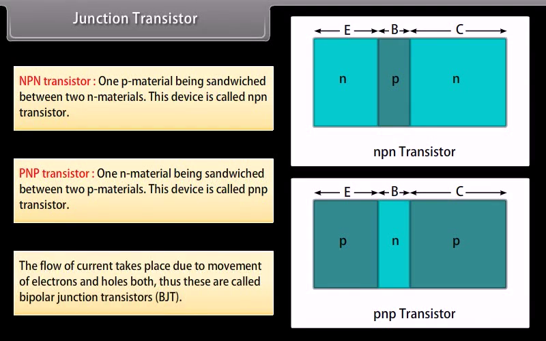The flow of current takes place due to movement of both electrons and holes. Thus, these are called bipolar junction transistors. Components of bipolar junction transistor.